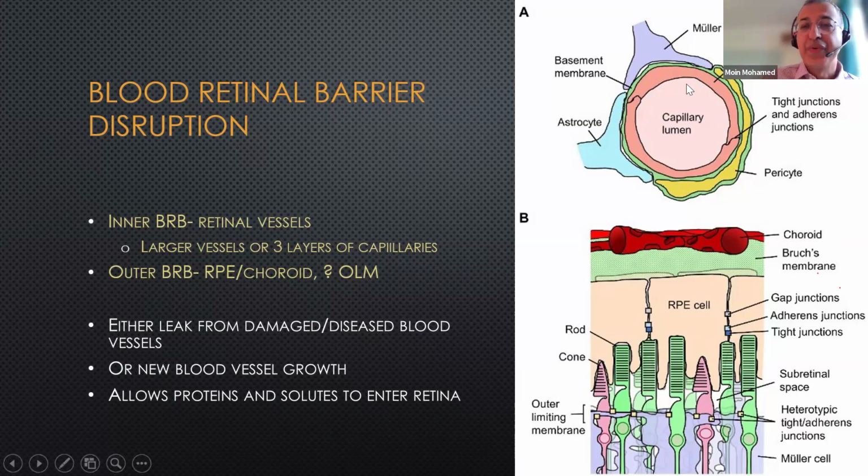So again, very, very different. The inner blood retinal barrier is the blood vessel, whereas the outer blood retinal barrier is really the pigment epithelium primarily. But there's an element of the choroid being part of it and Bruch's membrane, and then possibly the outer limiting membrane as well, because it's like a sheet of Gore-Tex.